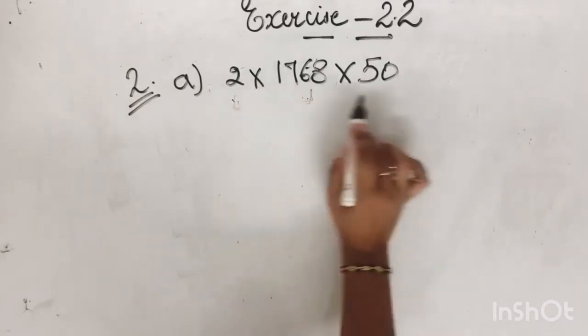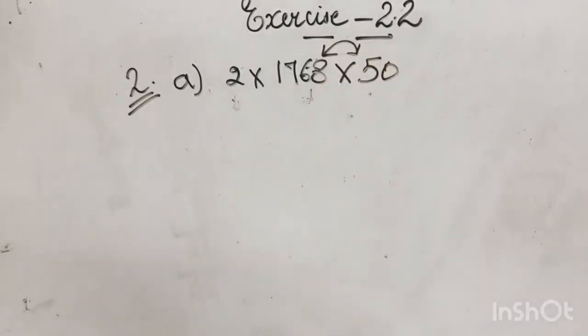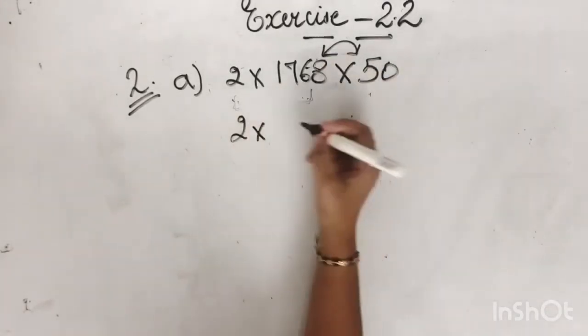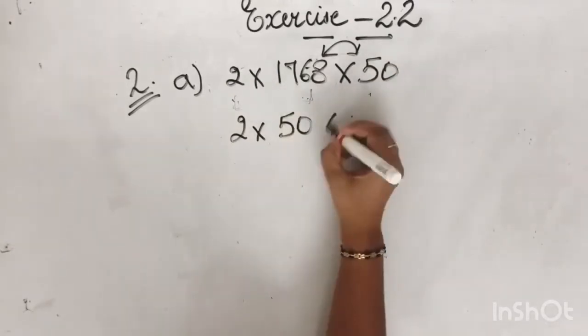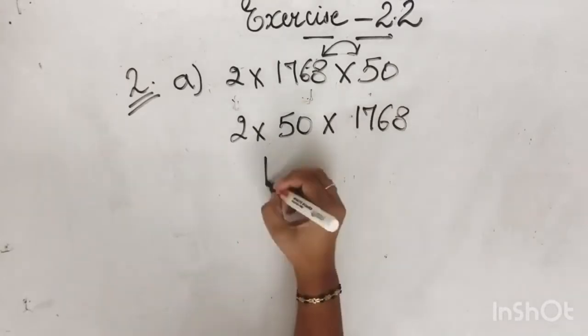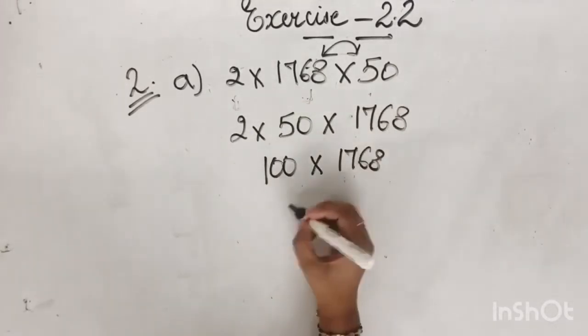Multiply 2 by 50. We know that the commutative property holds under multiplication in whole numbers, so you can interchange the terms. So 2 into, interchange these terms, 50 into 1768. Now 2 into 50 is 100, into 1768. Multiply this.